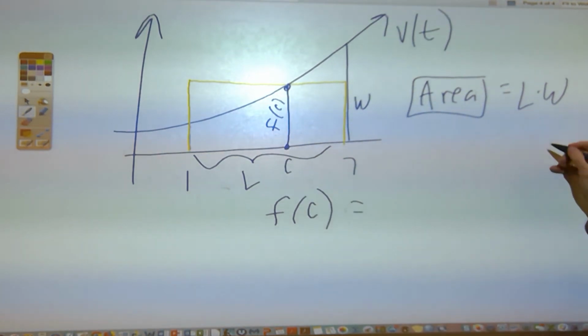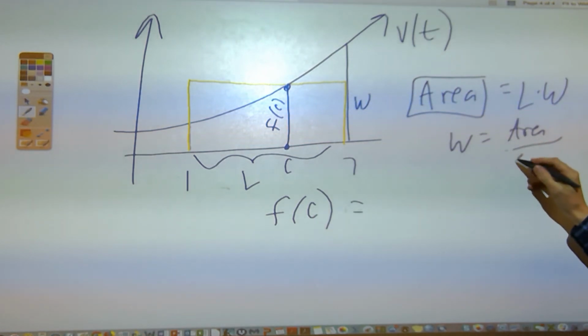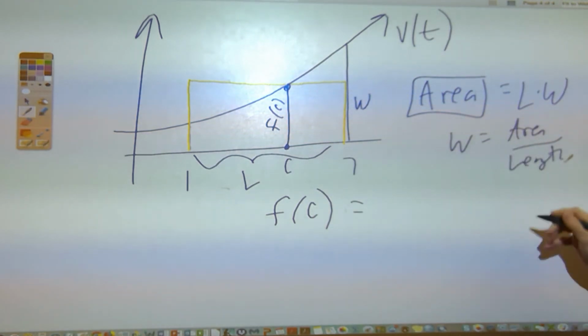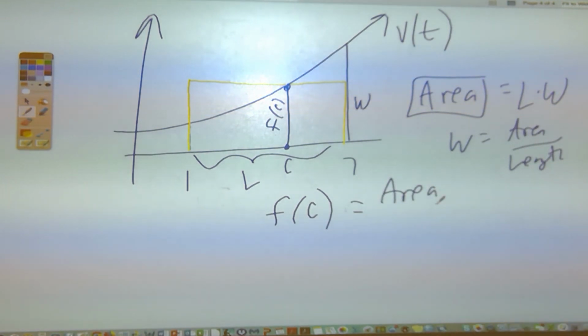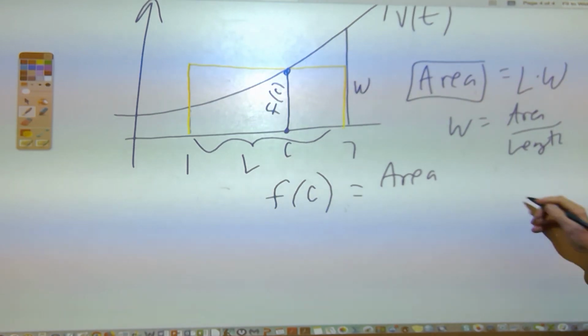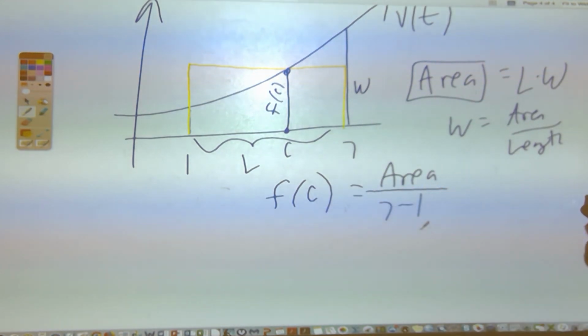So, W is area divided by length. So in general, the average value of a function, or the mean value theorem for integrals, is area divided by 7 minus 1.